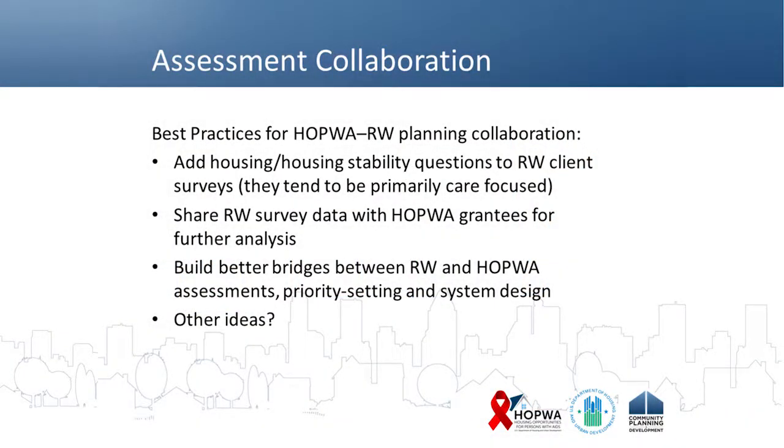So there are a number of best practices for HOPWA and Ryan White planning. The one is to actually work with Ryan White to add housing or housing stability related questions to those surveys, and that is one of the examples that we're going to talk about.